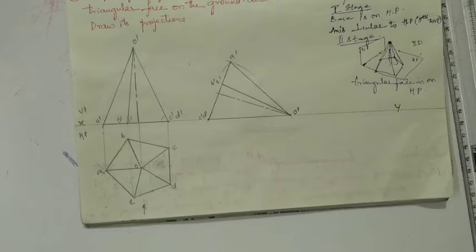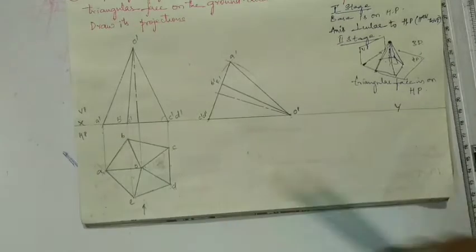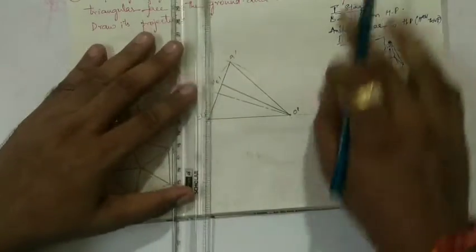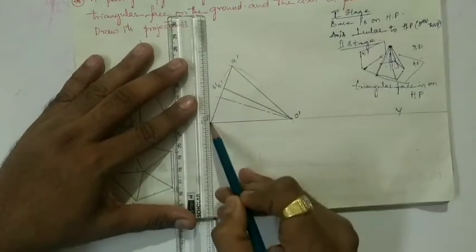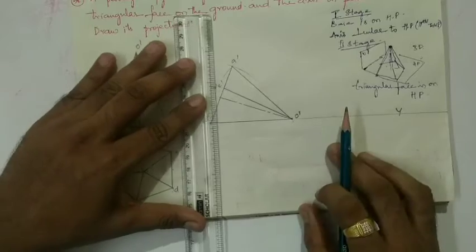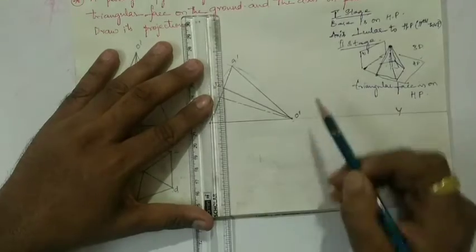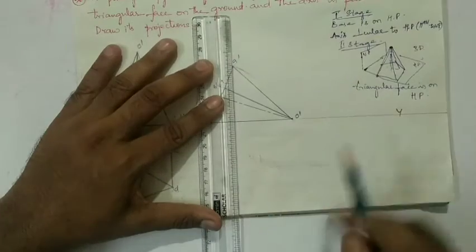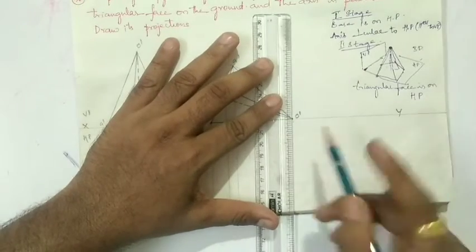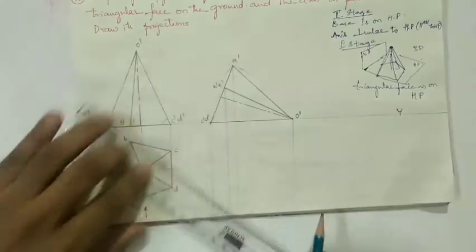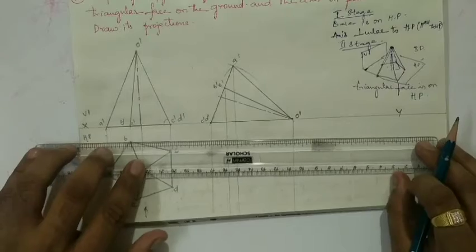Now you need to draw the top view image also. So now you need to draw the top view image by dropping the projection lines. Draw the horizontal lines.